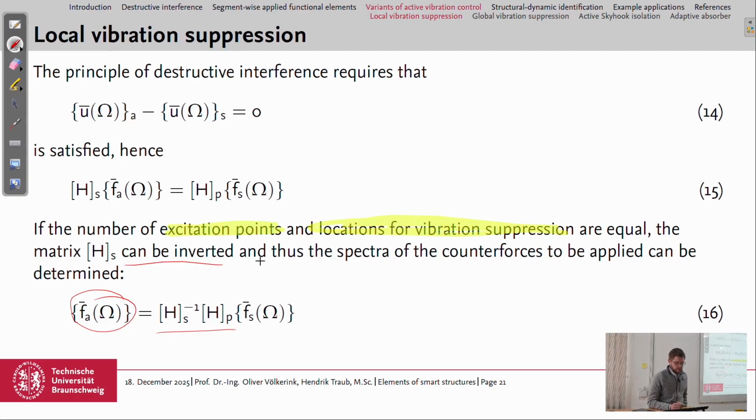So from this we can see that if we want to calm down, for example, 3 points in the structure, then we need at least 3 actuators to be able to invert the matrix.